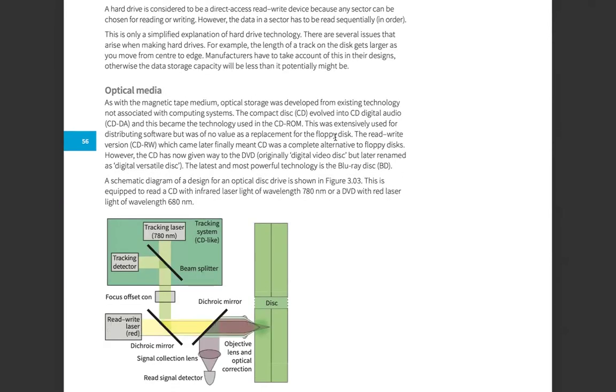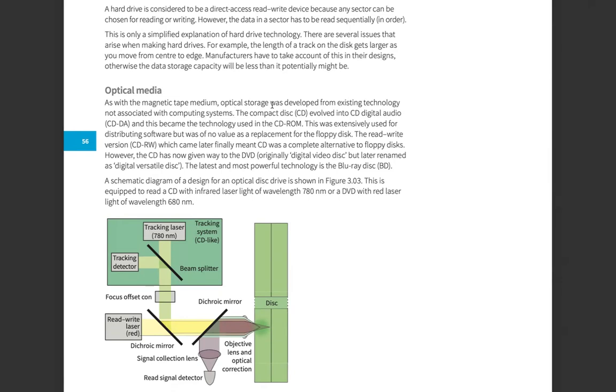Now, optical media. As with the magnetic tape medium, optical storage was developed from existing technology not associated with computing systems.